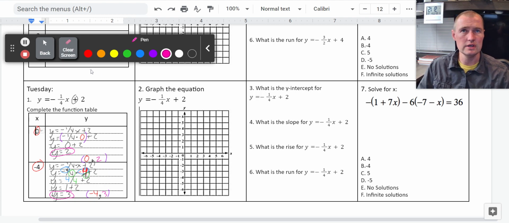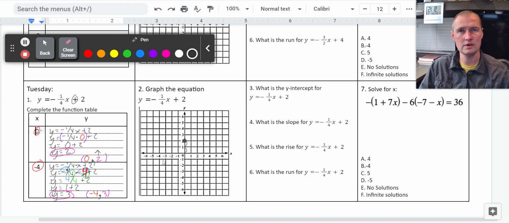All right, now I can take these 2 points and graph them. Starting with 0, comma, 2: 0 means don't go left or right, but 2 means we're going to count up directly by 2 from the origin, the center of the Cartesian plane. So up 1, up 2, and 0, 2 is that point right there.